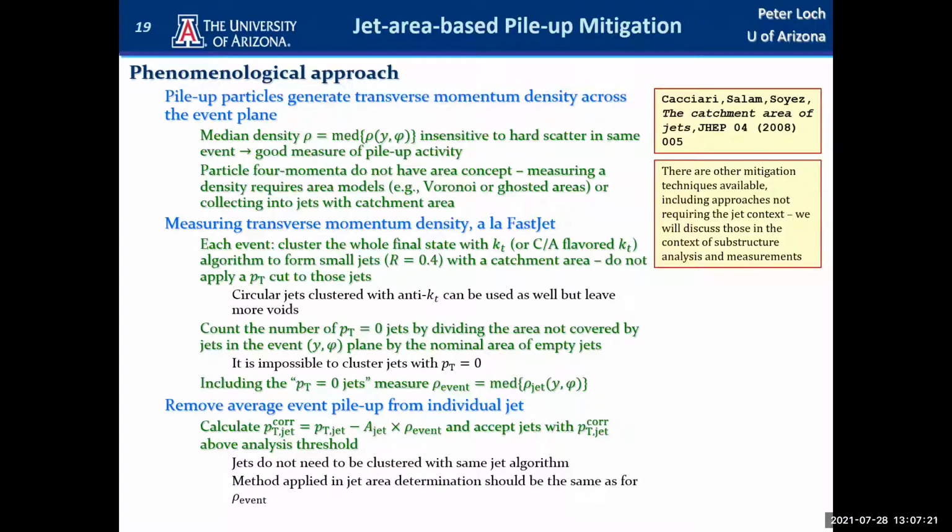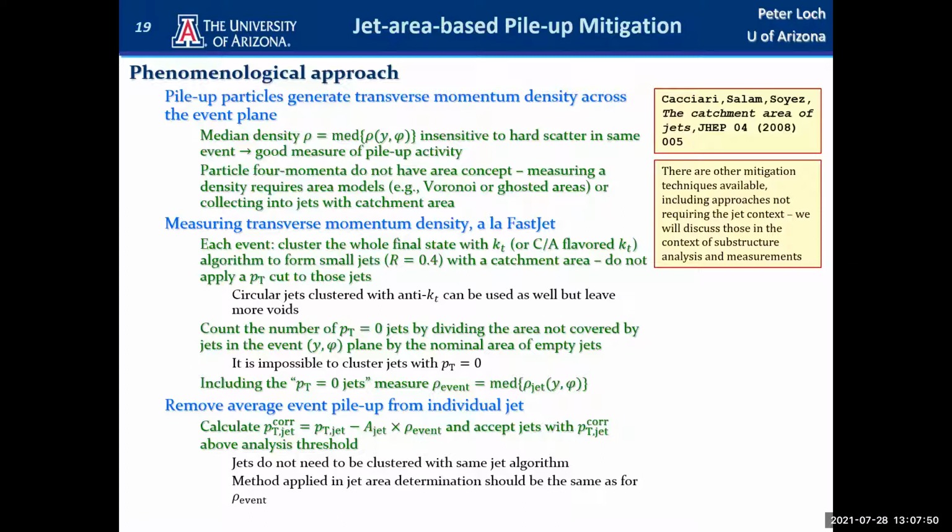Now this plane also contains your hard scatter. But imagine you can measure for each 4-vector in the plane a density, that's the PT over some area, and you then take the median of the distribution in one given event. The median is basically not affected by any hard scatter in this plane. So you really catch all the soft stuff that you either see or have modeled.